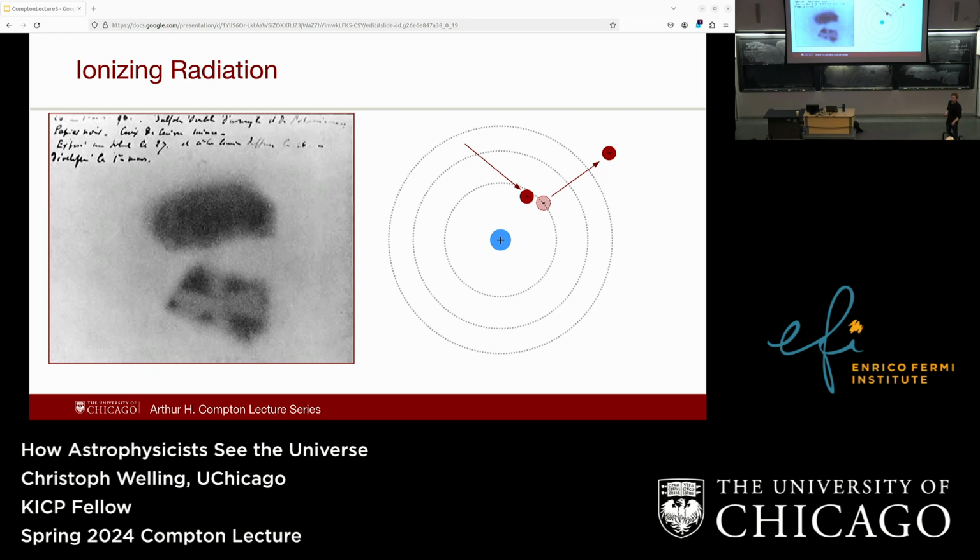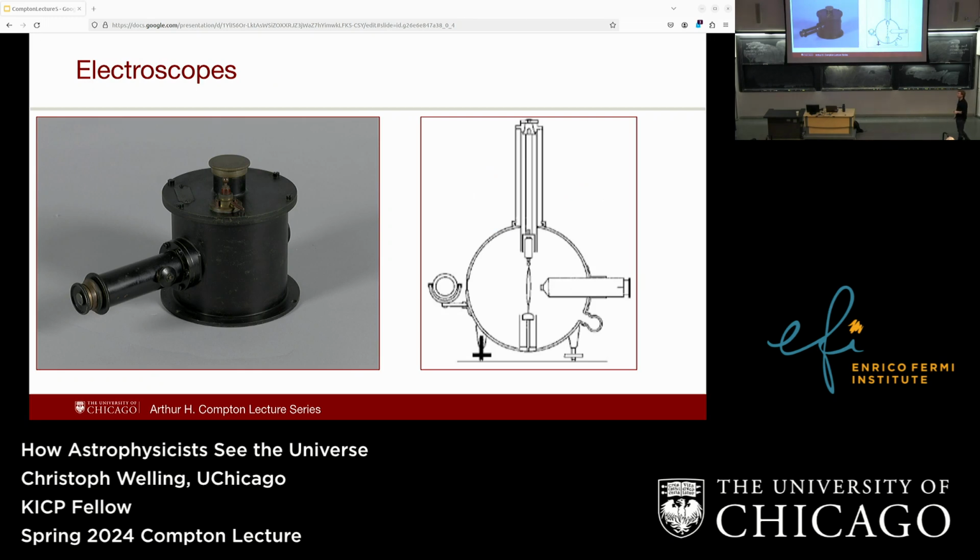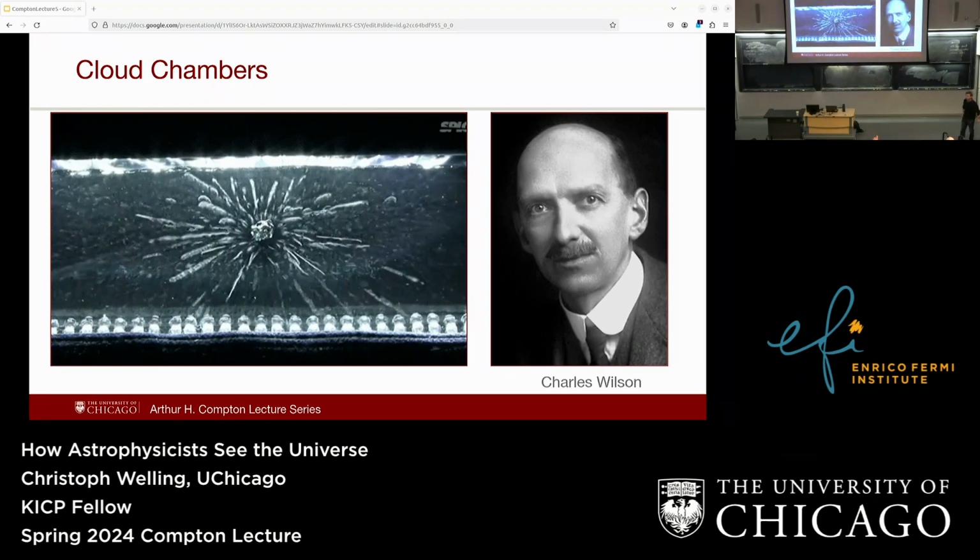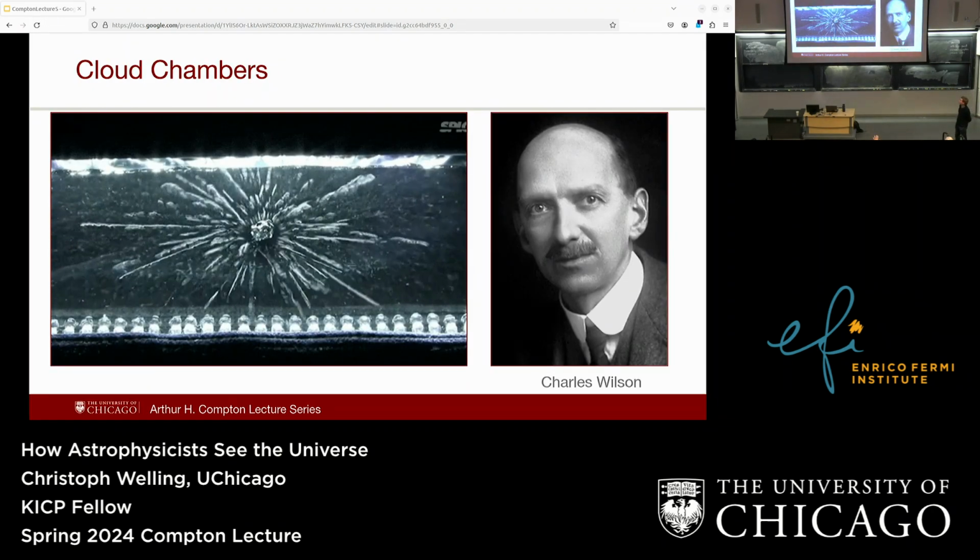The question on the cloud chamber is sort of related to that because it has to do with position.